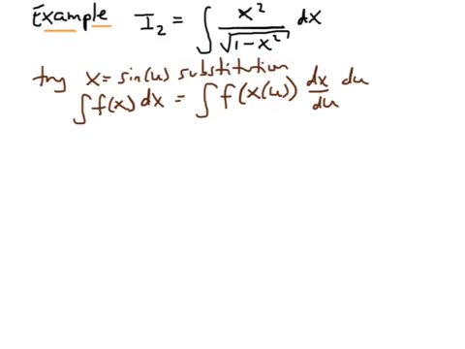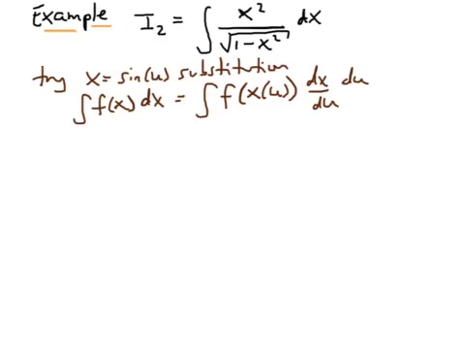Here's our substitution. So again, let's work out the integrand, and let's work out then this factor dx/du, and then we can put them together into here and carry out the integral. So if x is sine u, the square root of 1 minus x squared is going to be cos u.